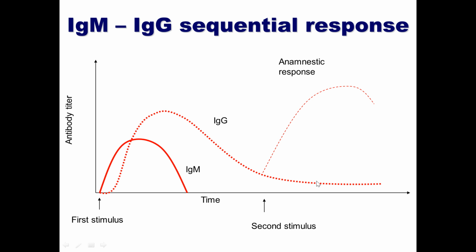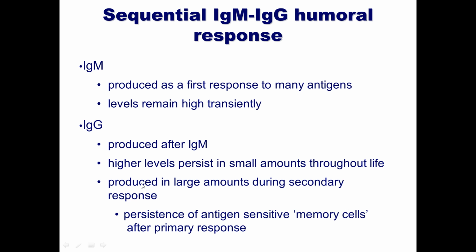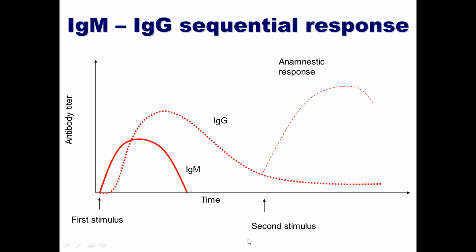But during the second response, when the second infection takes place, the concentration of IgG will be high. There is no increase in the level of IgM. So the first line of defense is IgM, and then IgG. Clear? That's IgG produced in large amounts during the secondary response, due to persistence of antigen-sensitive memory cells after the primary response.